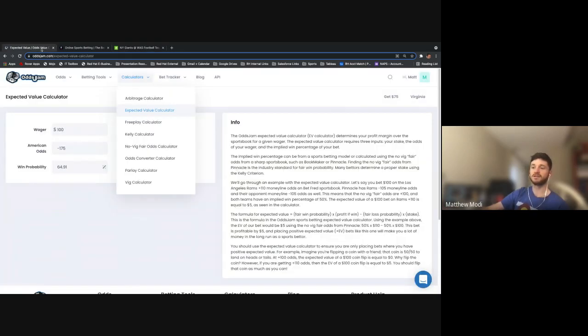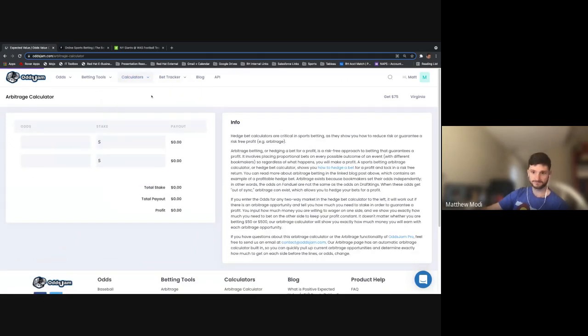That's why they do this. So the no vig odds calculator calculates, all right, what are the odds without that? And the free play one is kind of just like, okay, you get $50 free play. How much should you bet? Because you don't get your stake back, stuff like that. But I like to highlight the ARB one, the expected value, the Kelly, and the odds converter, because those are what appeal the most to me.